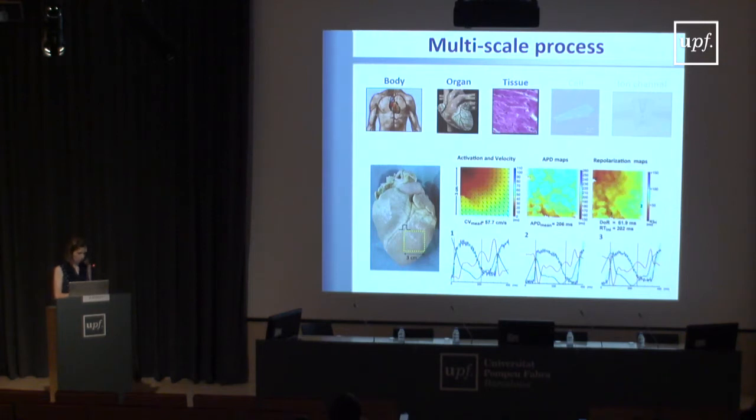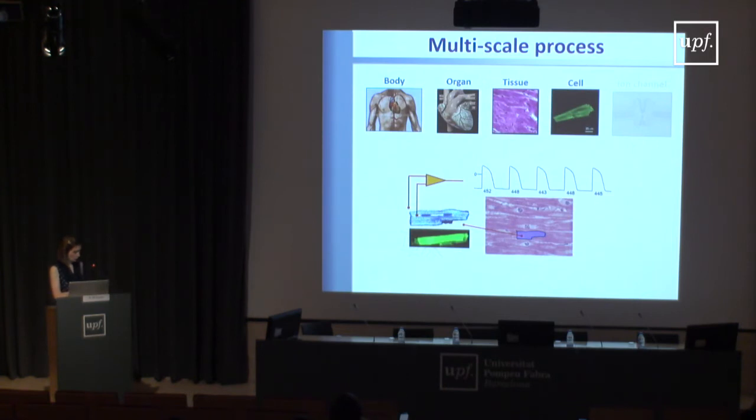the resting state. And we can even go one step below. Of course, this tissue is formed by different cells that are well coupled together, and we can look at the activity of one individual cell, like here. We can measure the difference in voltage between the interior and the exterior of the cell, and we have this signal, which is the action potential, which measures the electrical activity of one individual cell.